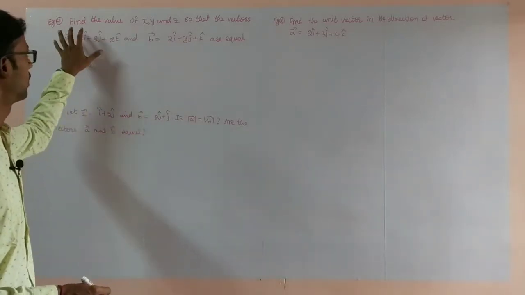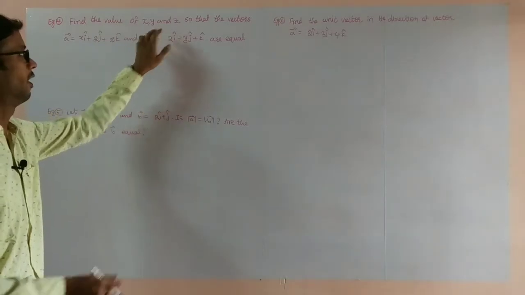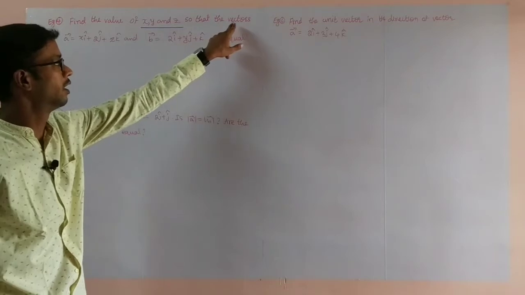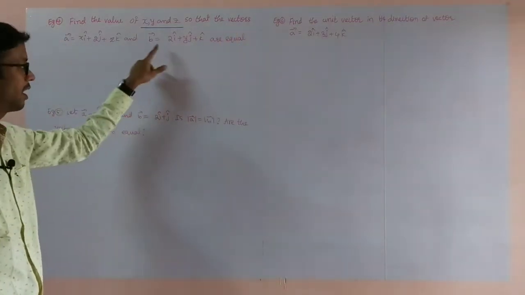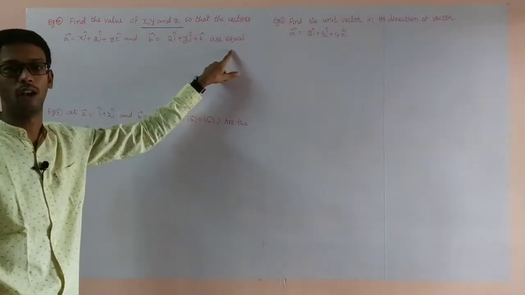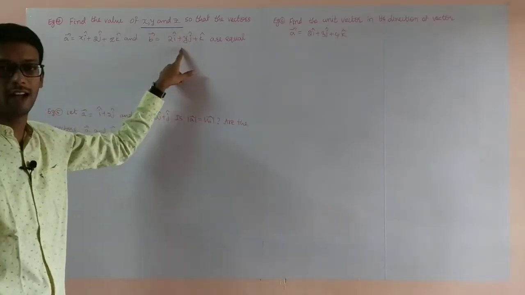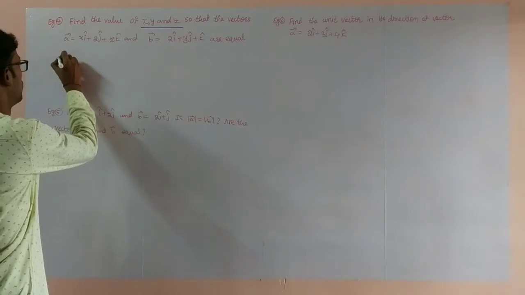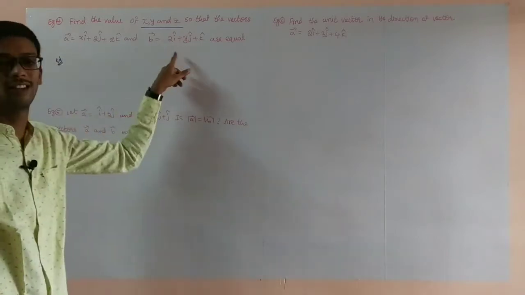Example 4. Find the values of x, y, z so that the vectors A bar and B bar are equal. These two vectors are equal, so find the x, y, z values. Simple here. Solution: two vectors are equal.